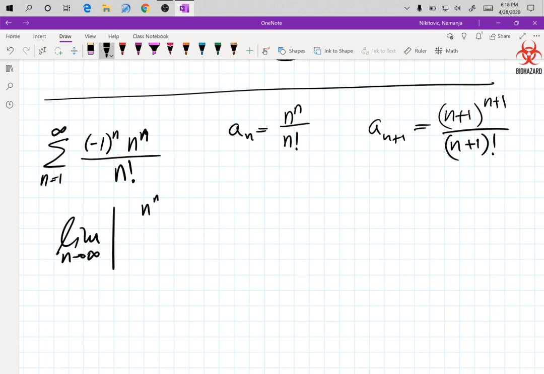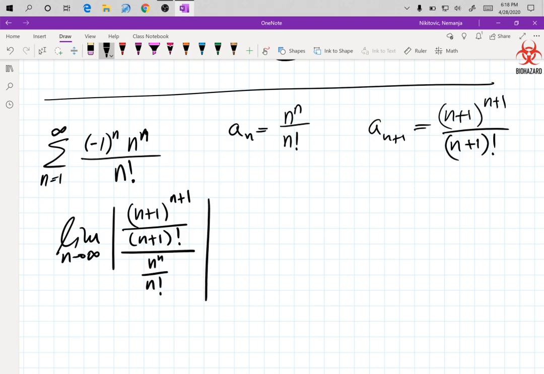I have (n plus 1) raised to the n plus 1, divided by (n plus 1) factorial, divided by n to the n over n factorial. That's it. Limit as n goes to infinity, and let's get busy.